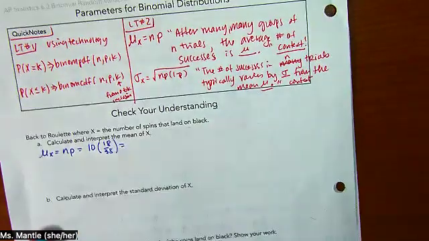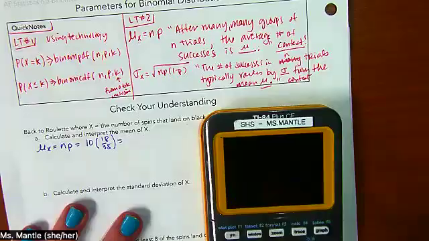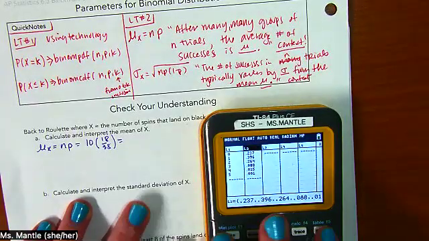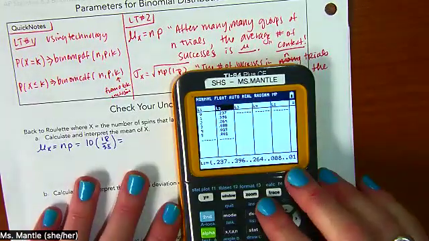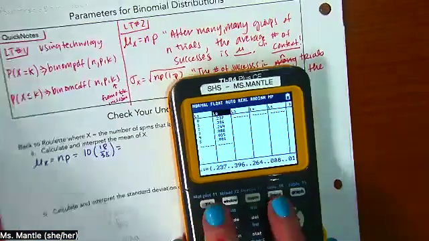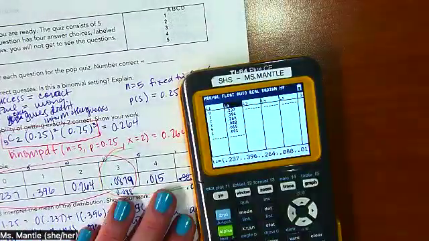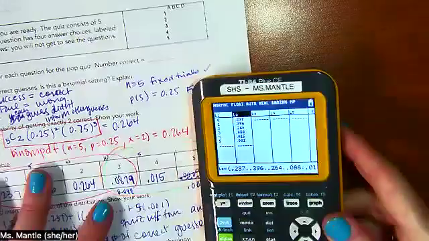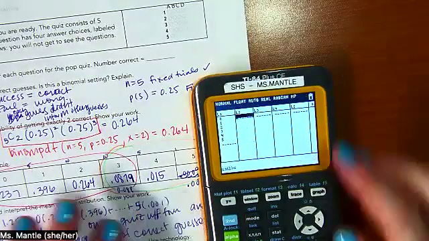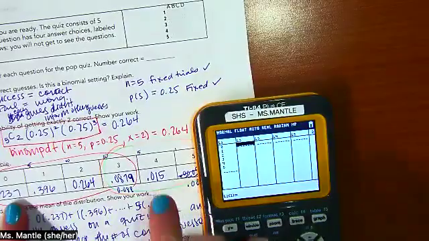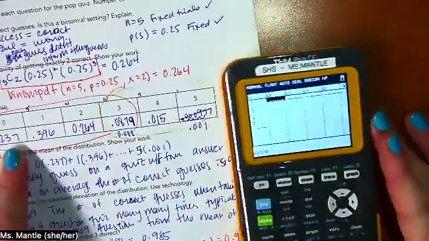Now you don't have to create the probability distribution. I do want to mention that you could do it very quickly. Remember how we had to do this by hand? I want to show you how you can do it really quickly.